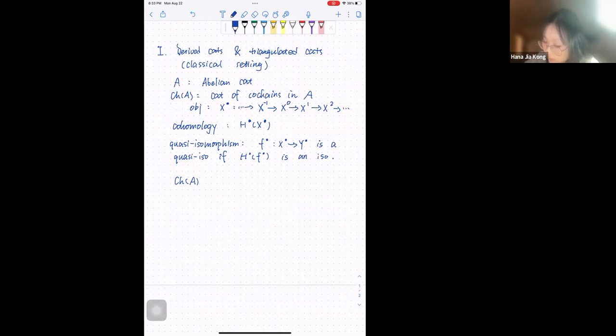So we start from the category of cochain complexes, and then we localize at the collection of all the quasi-isomorphisms, and that gives us the derived category of A. By localizing, I mean you formally invert all these quasi-isomorphisms, adding in wrong-direction arrows, so that they actually become equivalences. The resulting category is D(A), the derived category of A.